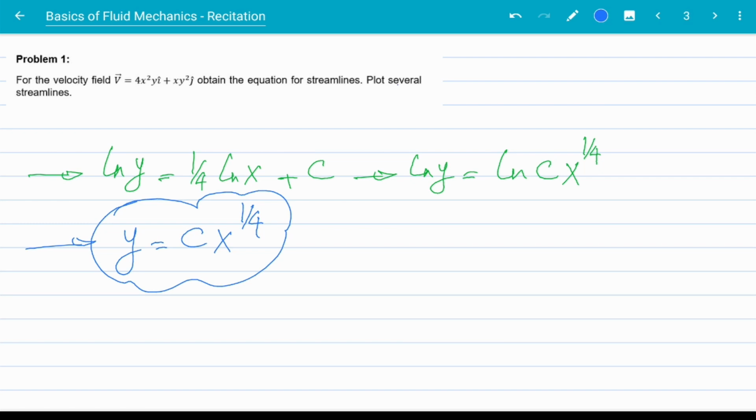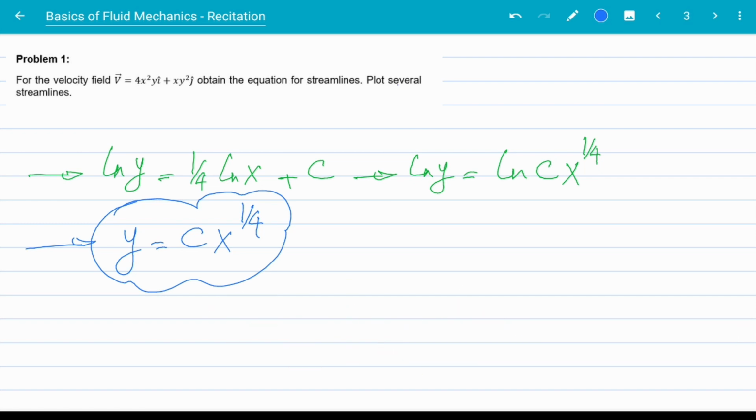Now, in order to plot these lines, you have two different options. You can change C arbitrarily, and you will get streamlines that match the C that you chose, or you can focus on certain points inside the flow field and find the streamline that passes through those points.